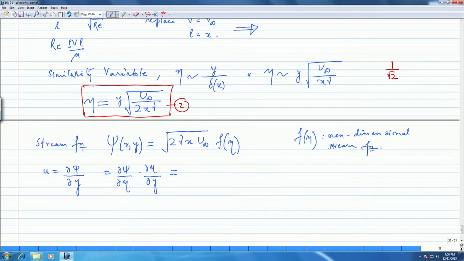Del psi del eta gives the root of u infinity 2 nu x times f dash of eta, and then del eta del y. This bit is basically calculus.